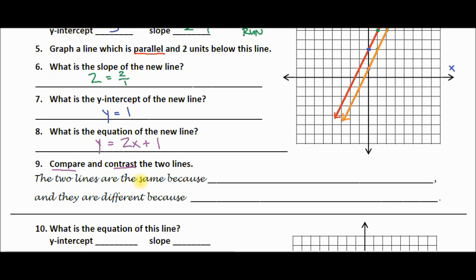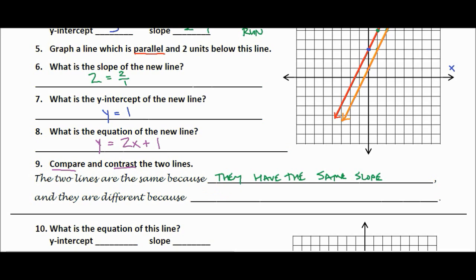The two lines are the same because they have the same slope, and they are different because they have a different y-intercept. Or you can even make it more general.